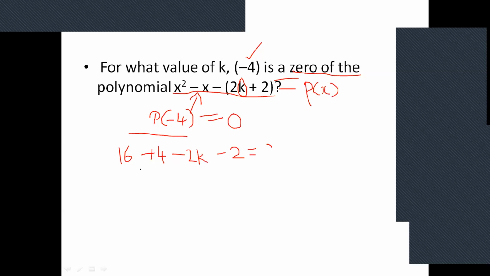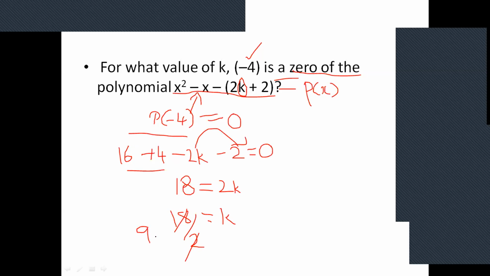Then you can add: 20 minus 2 will give you 18. Shift this to the RHS and you get 2k equal to 18, so k is equal to 18 by 2. Most of you are getting the answer as 9. It is correct. So this is the answer.